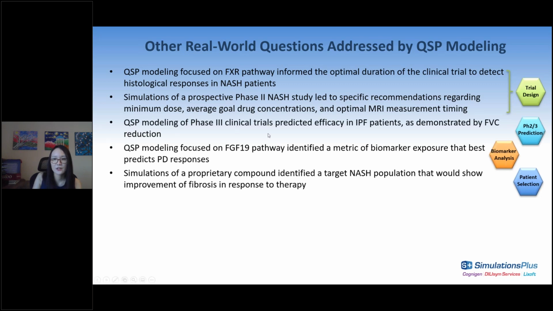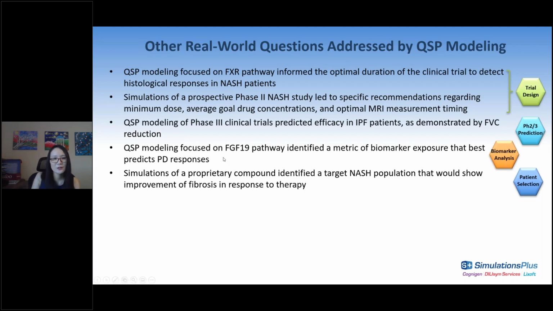And here's another example of phase 2-3 like efficacy prediction, where we used IPF-Sim to predict efficacy of a proprietary compound for a phase 3 clinical trial.